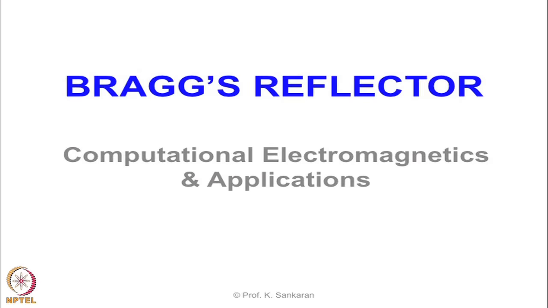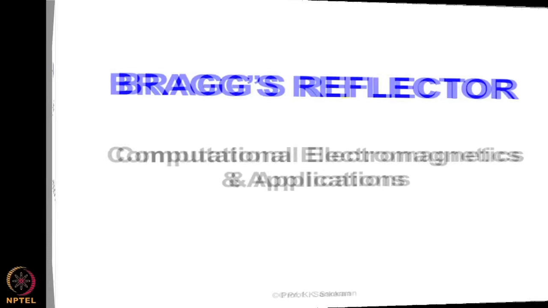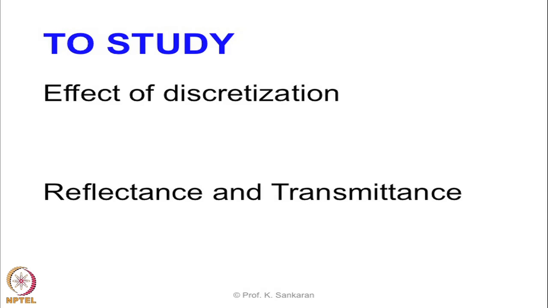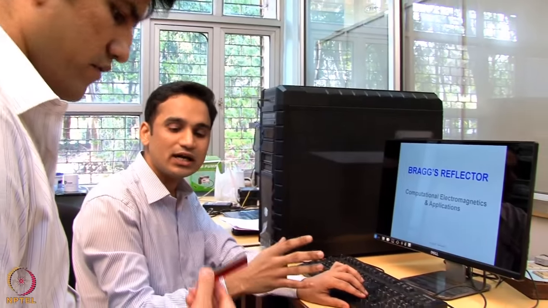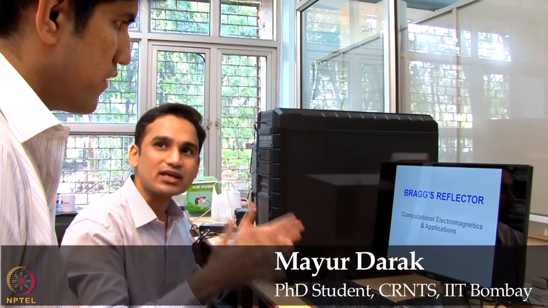So Mayur, you've been working on two problems using the finite difference method. Could you please explain this Bragg's reflector? In the first example, we are modeling a Bragg's reflector. It is nothing but a dielectric mirror. A dielectric mirror reflects the incident energy.